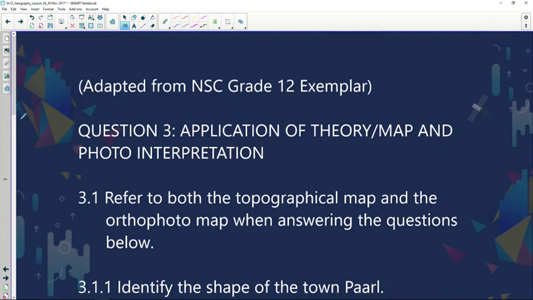Question 3 is the application of the theory. So what you've learned in climate and geomorphology, as well as settlement geography and economic geography, can be based on the map itself. So we can have a look at what type of activities are dominant in the area of Paarl. Now let's say, for instance, we had a map of Johannesburg.